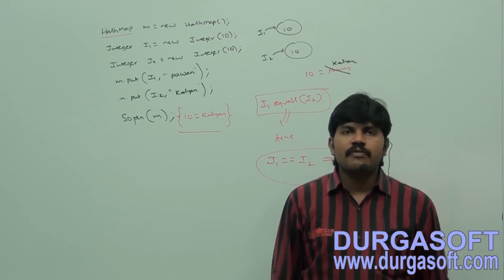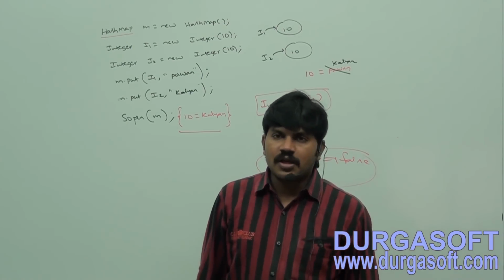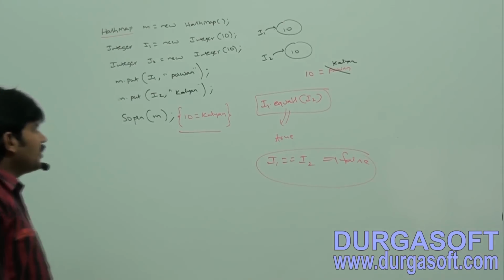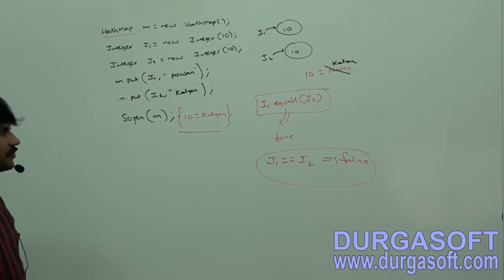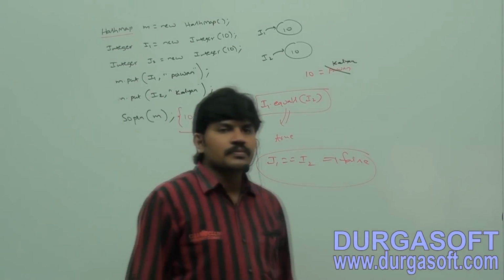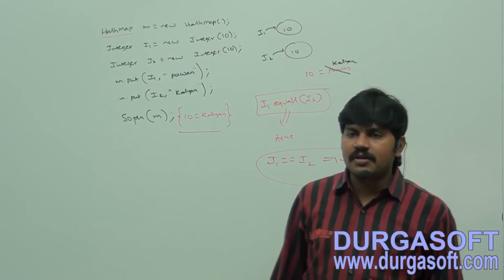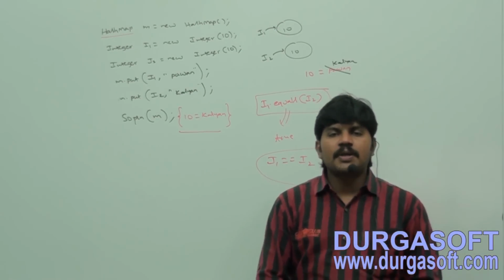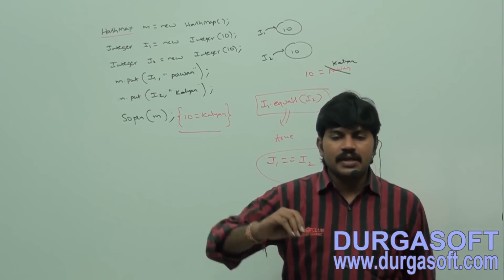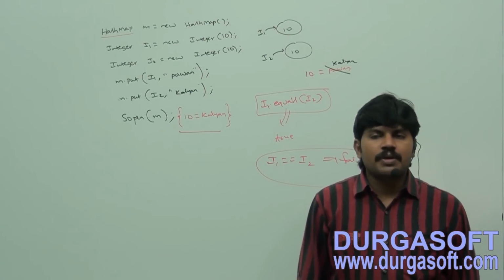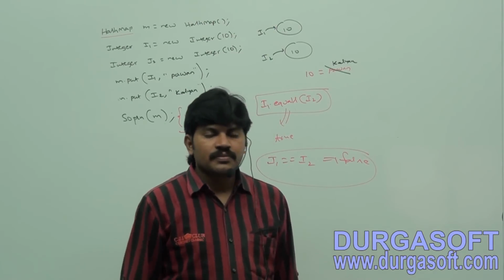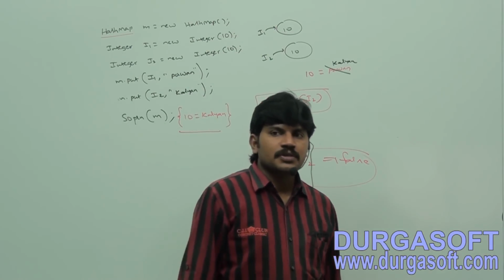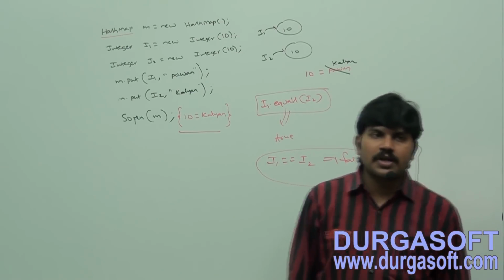But in the case of identity hash map, JVM will use the double equal operator to identify duplicate keys.